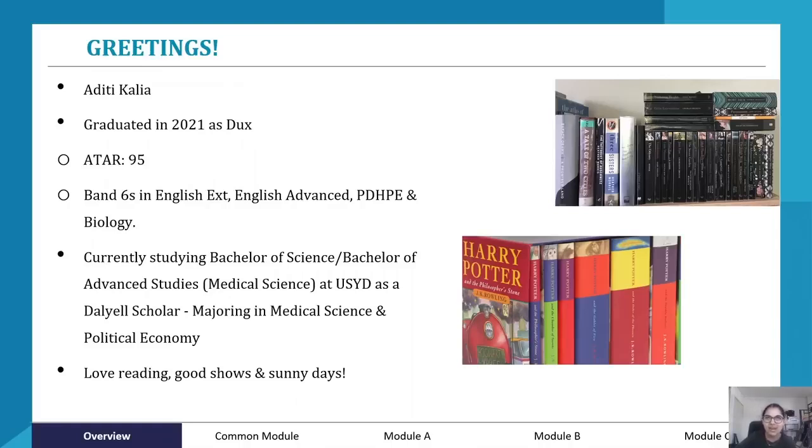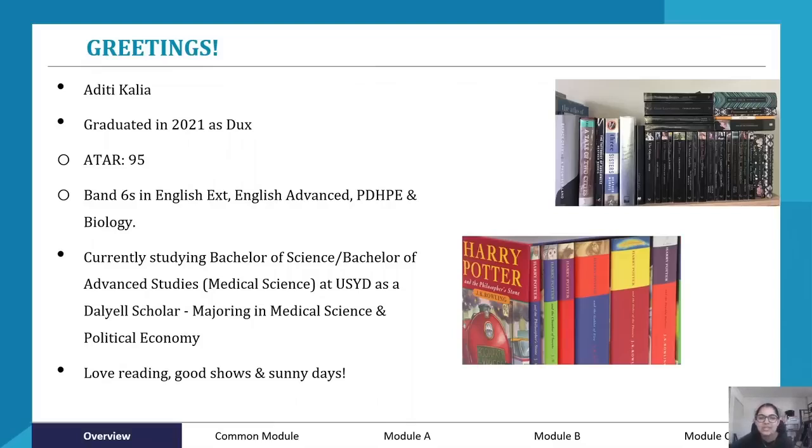I also did Maths 3 unit and Chemistry. I may not be the best person to ask Maths and Chem questions, but if you want to ask about how I studied for it, feel free to ask that as well. Definitely attend the Maths revision lectures if you want more expert knowledge, but I'm your English person here.